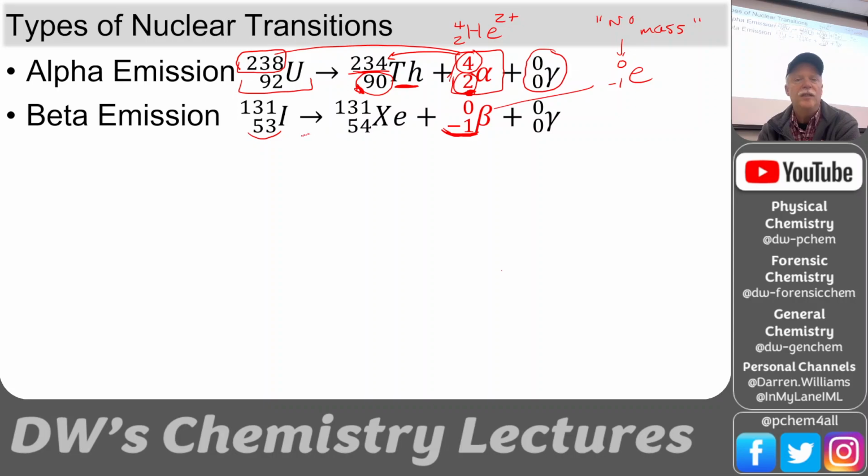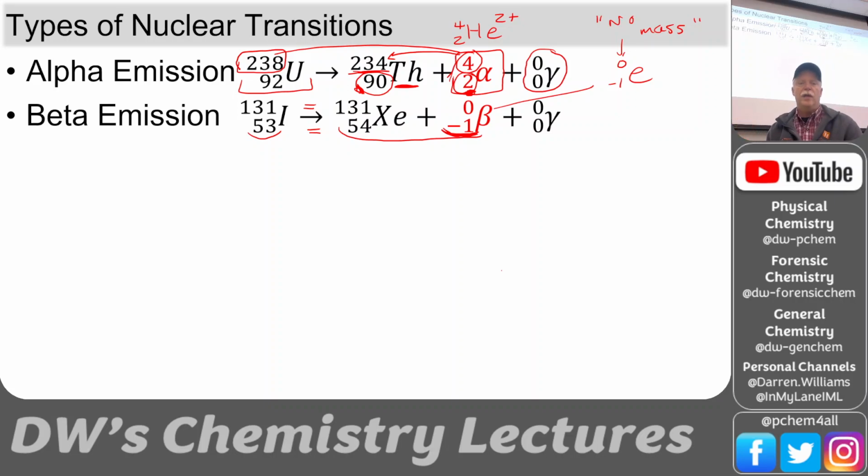Those are the 2 pieces of information you need. And so you need to have a 54 added to the -1 to get it to balance to 53. So the proton line has to balance, and so does the neutron line. So 0 nucleons left the iodine, and so 131 equals 131 plus 0. So that's the beta emission. It's an energetic electron.